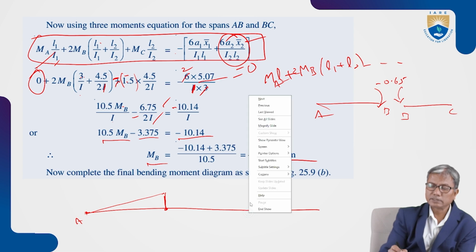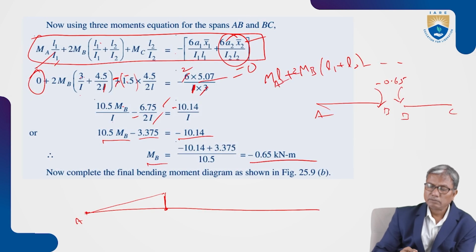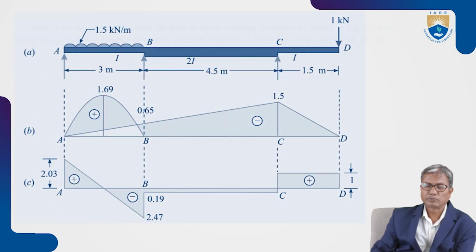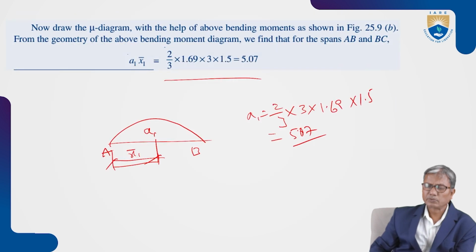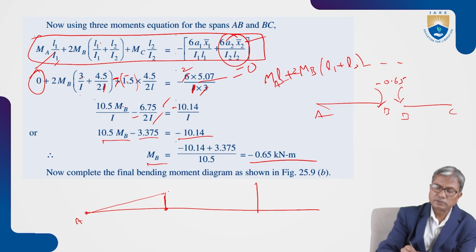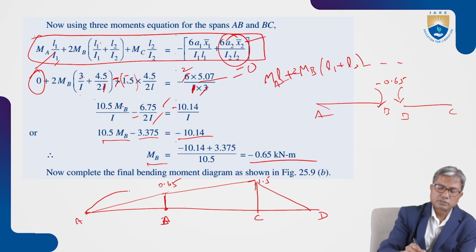And how about bending moment at C? Bending moment at C is minus 1.5. Here it is minus 1.5, 0.65 here, 1.5 here, and 0 at D. And overlap the free bending moment diagram on this.